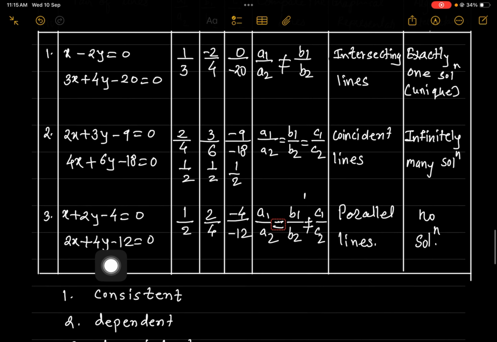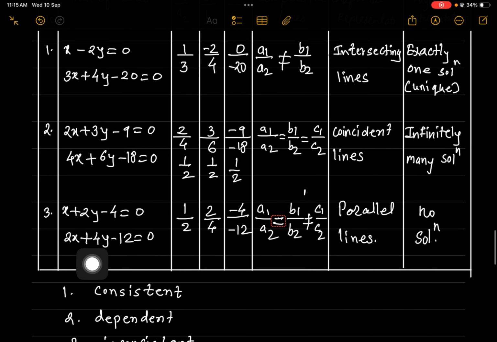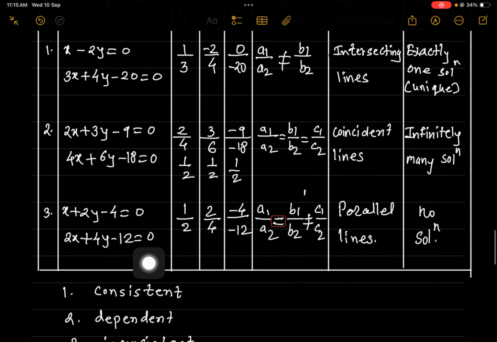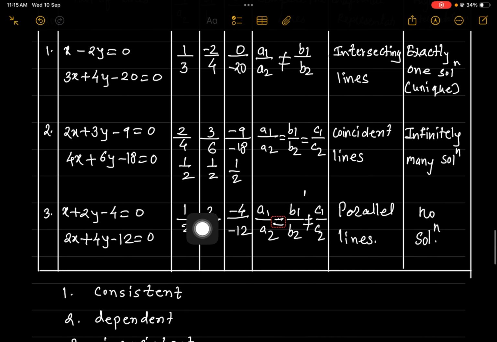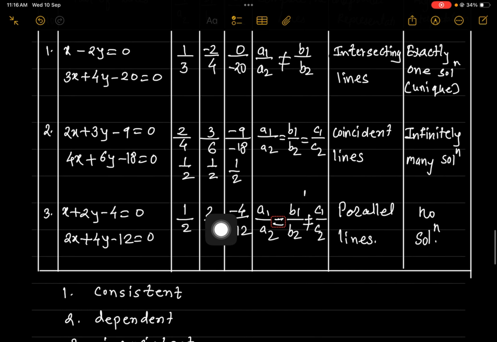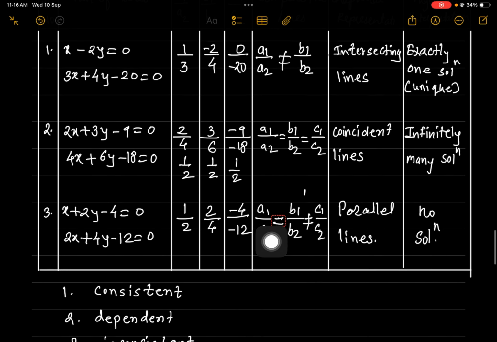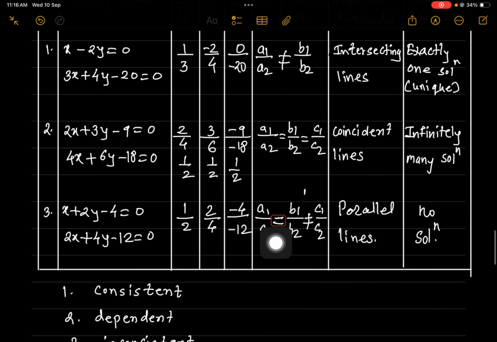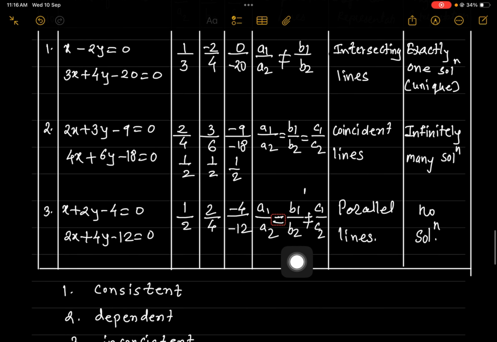Now the third point, x plus 2y minus 4 equal to 0, 2x plus 4y minus 12 equal to 0, and then see the ratios a1 upon a2, b1 upon b2, they are coming the same. How? Here 2 upon 4 means 1 upon 2, 2 ones are 2, 2 twos are 4, 1 upon 2. These two are the same, means a1 upon a2 equal to b1 upon b2.